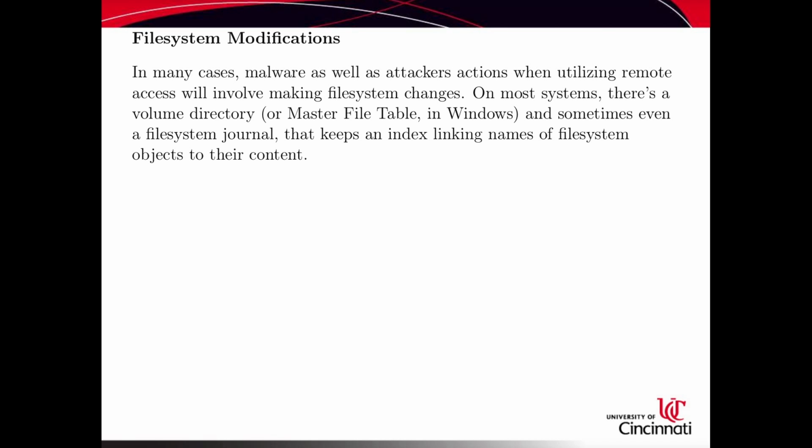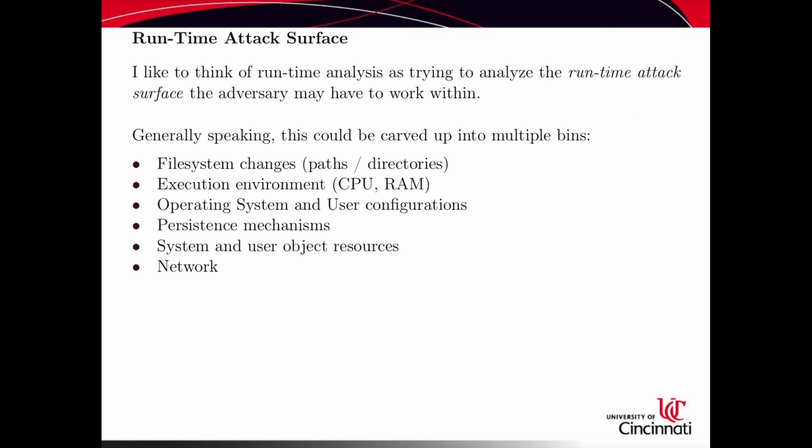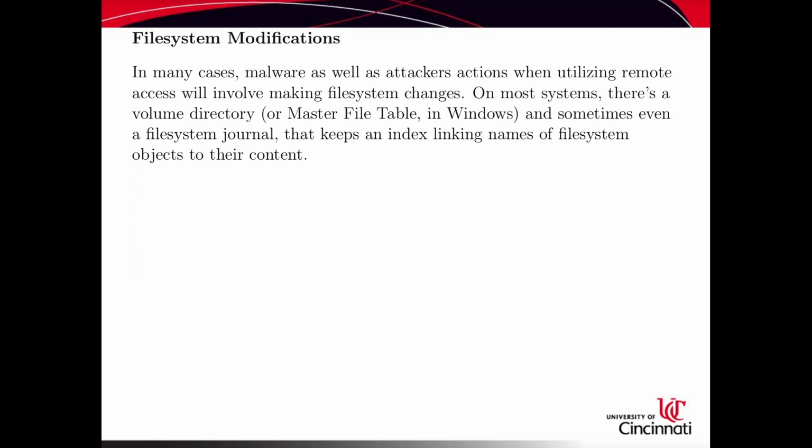So, file system modifications. That was the first bullet point. I'm going to go through a number of these. In many cases, those of you who've taken the operating systems course might be familiar with this.